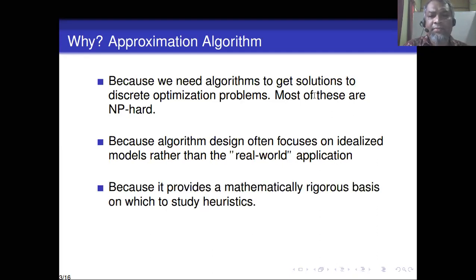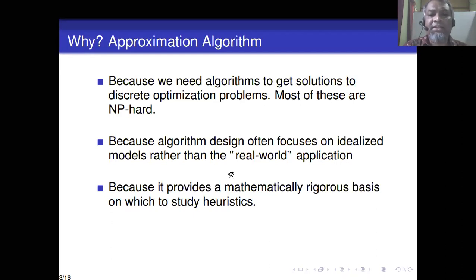because it provides a mathematically rigorous basis on which to study heuristics. What does it mean? When we use some heuristics or meta heuristics, we cannot guarantee the performance of the algorithm. We have no mathematical guarantee for heuristics and meta heuristics.